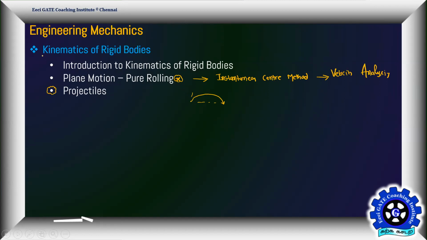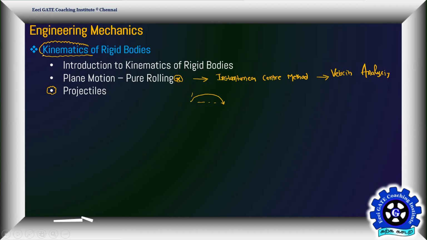What is meant by kinematics? Tell me. Kinematics is the branch of classical mechanics which deals with the study of motion of rigid bodies without considering the causes of motion, that is force and couple. Understood, right?